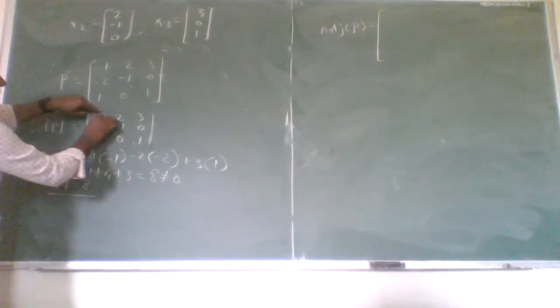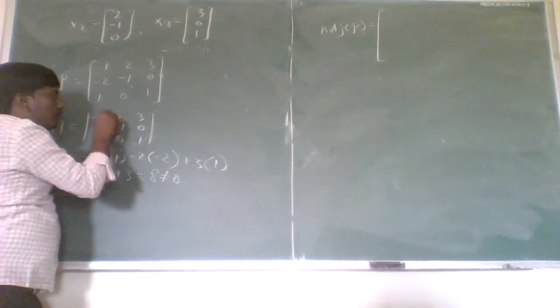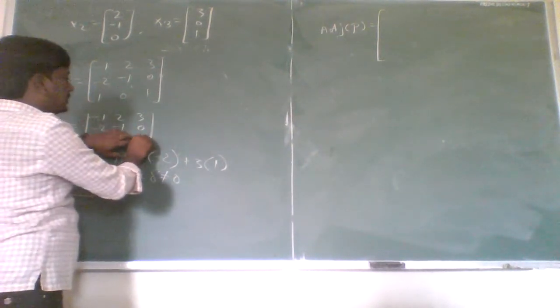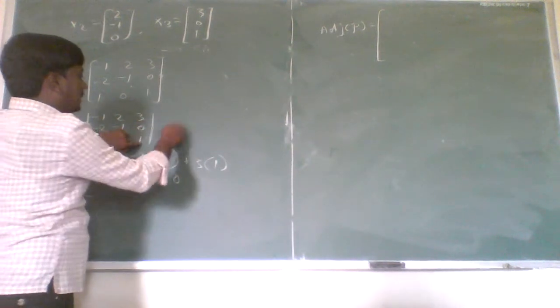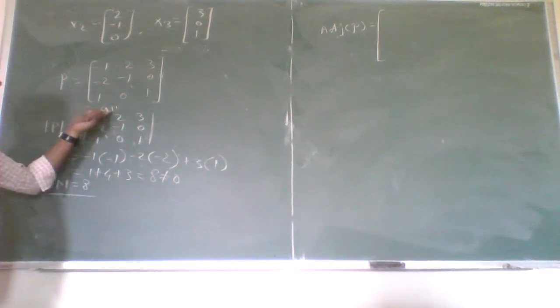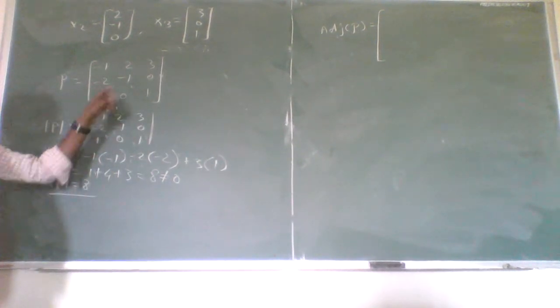So the cofactor of A11: we delete the first row and first column, then the minor is minus 1, and it is multiplied by minus 1 to the power 1 plus 1, which is 1.